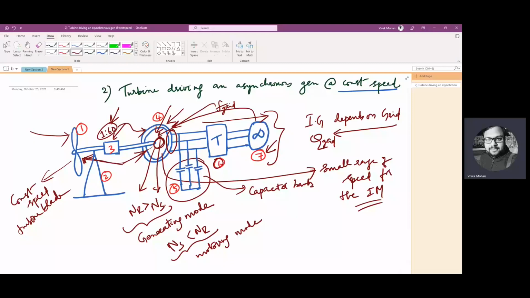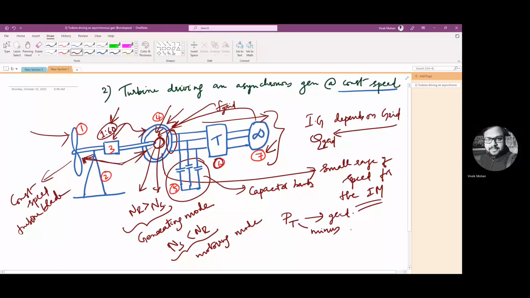Let the active power developed by the turbine be PT. This is transmitted to the electric utility grid, minus the losses. What are the losses here? In the gearbox there is a loss, right?